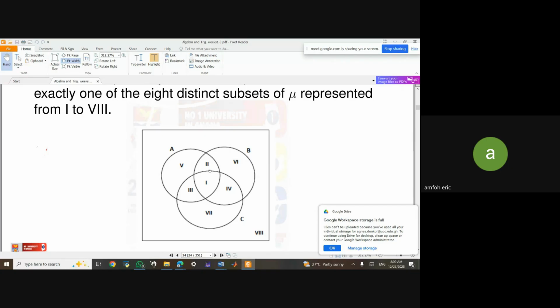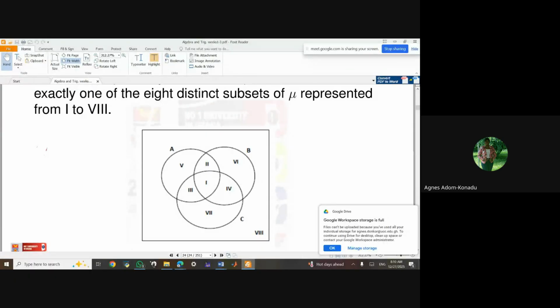Madam, like you just said, if we say A intersection B only, the intersection over there gives you A intersection B only. But if you say A intersection B intersection C complement, it means the element does not belong to C at all. That is why I will go for A intersection B intersection C complement. Okay, that's good.